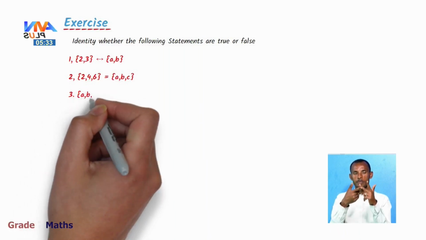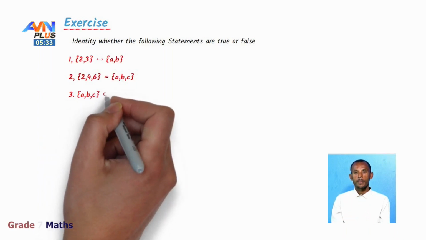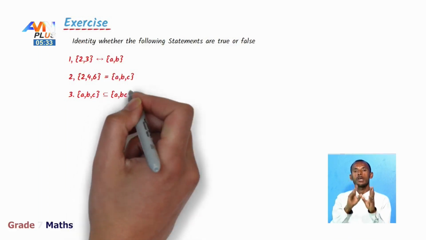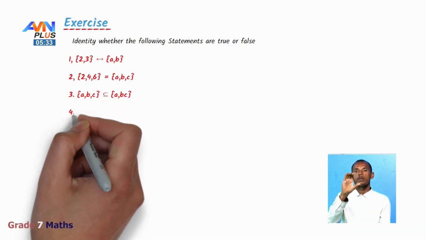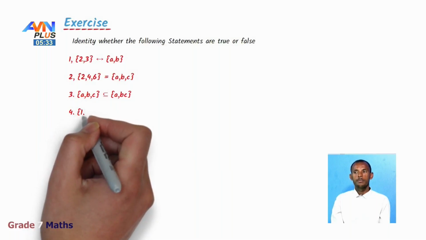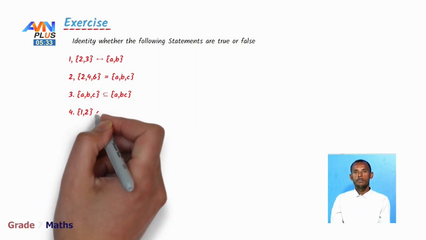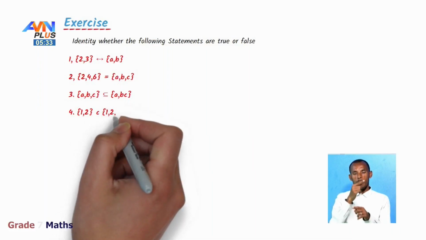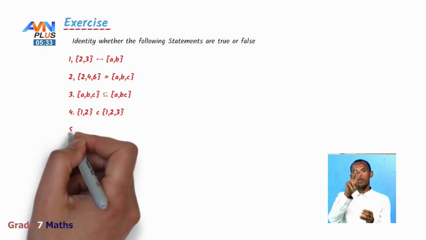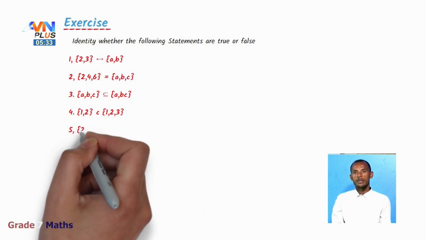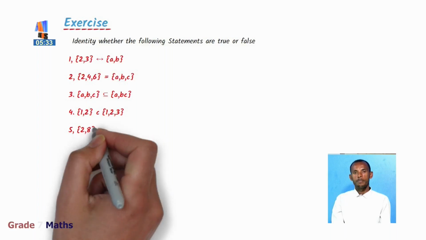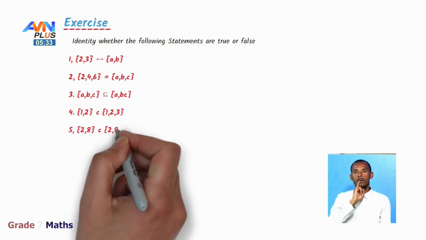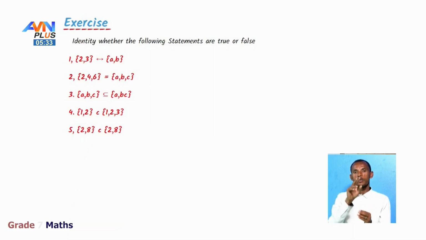Third: {A, B, C} is a subset of {A, B, C}. Fourth: {1, 2} is a proper subset of {1, 2, 3}. Again, the last, fifth question: {2, 8} is a proper subset of {2, 8}.